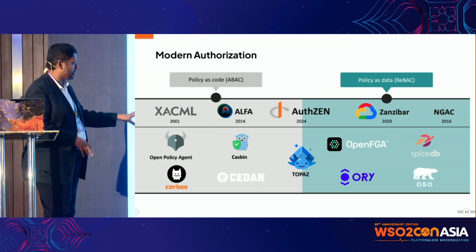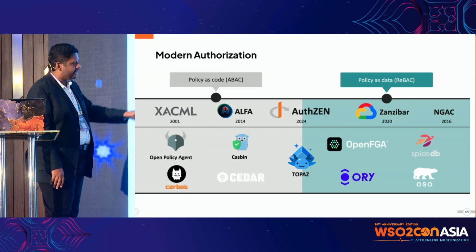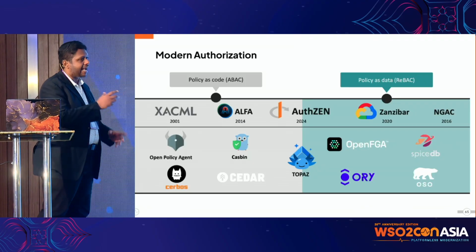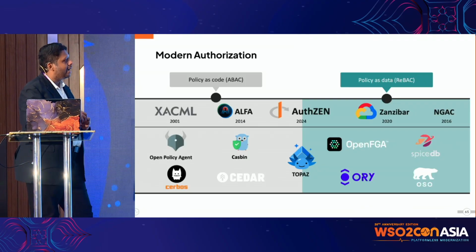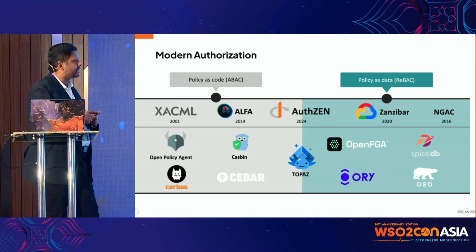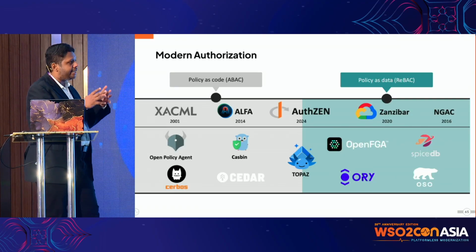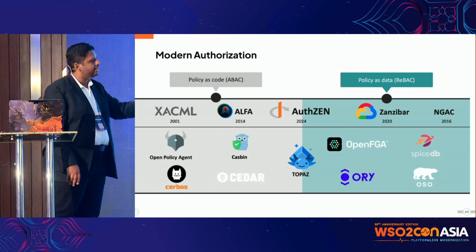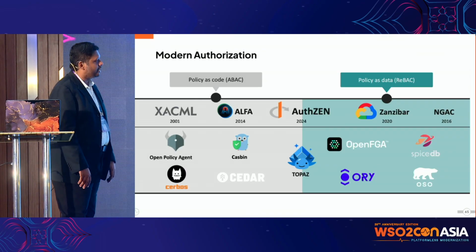Some of these technologies fall under ABAC, and some fall under relationship-based access control, which builds a graph model in order to model relationships between entities and decide the access control. ABAC looks at attributes of the different entities and decides on the access control. ABAC is of course more powerful, but there are certain use cases for which ReBAC is really useful.